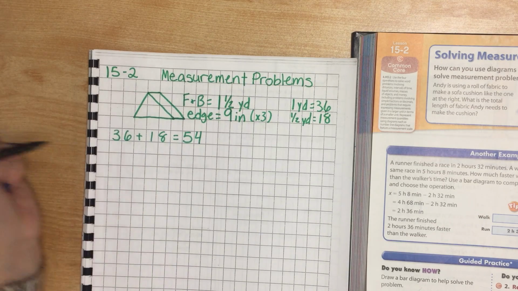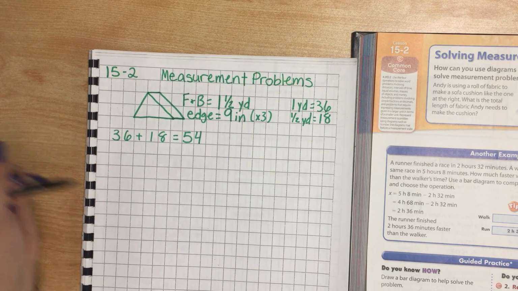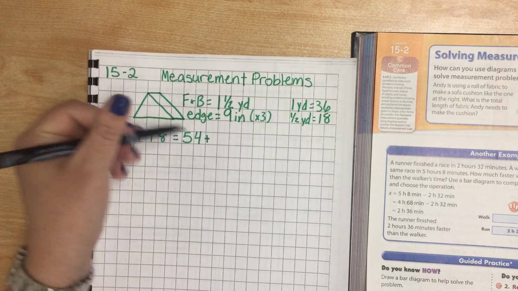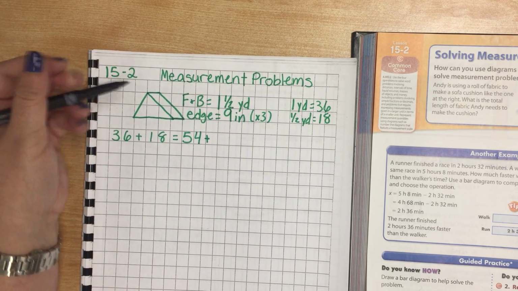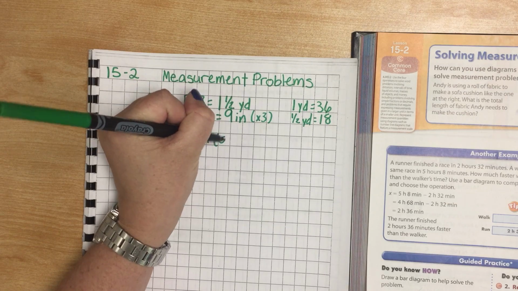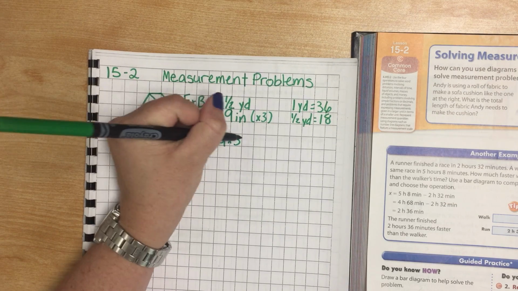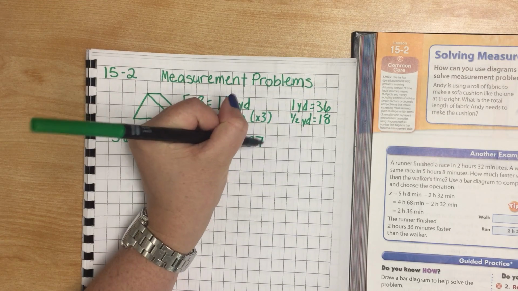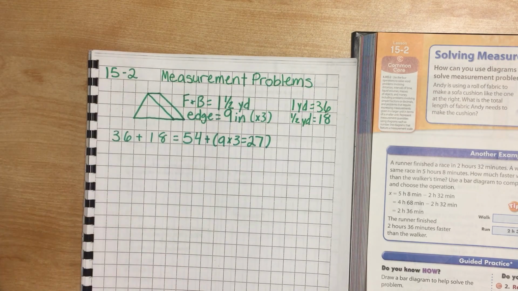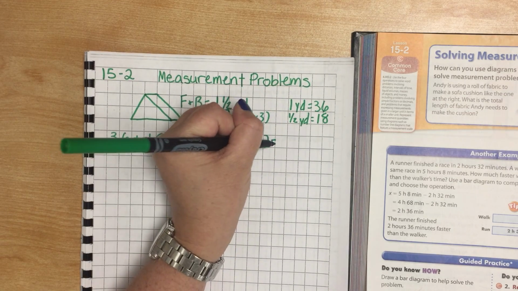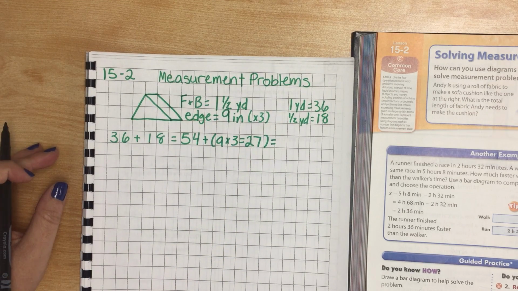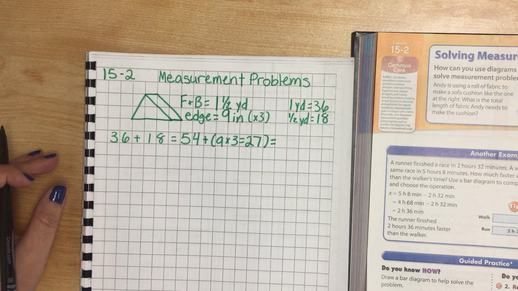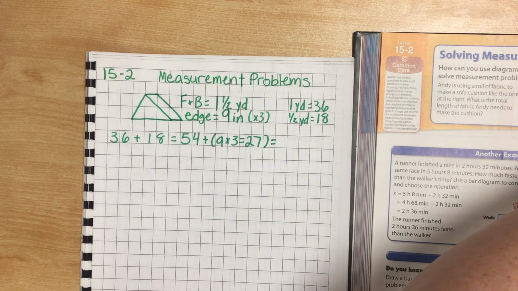And to that, I will be adding my edges, which is going to be 9 times 3, which is 27. So 54 plus 27 equals 81. So I'm adding that in there.